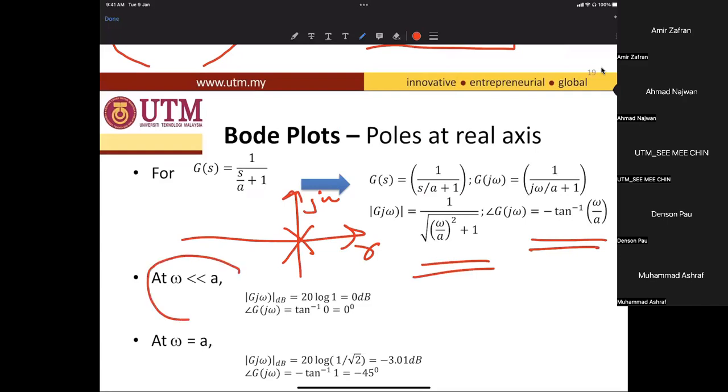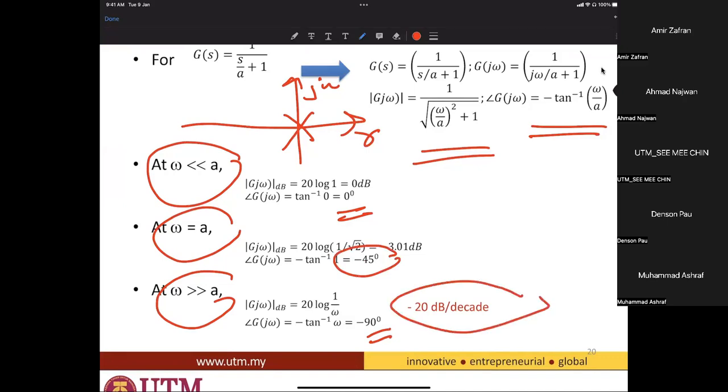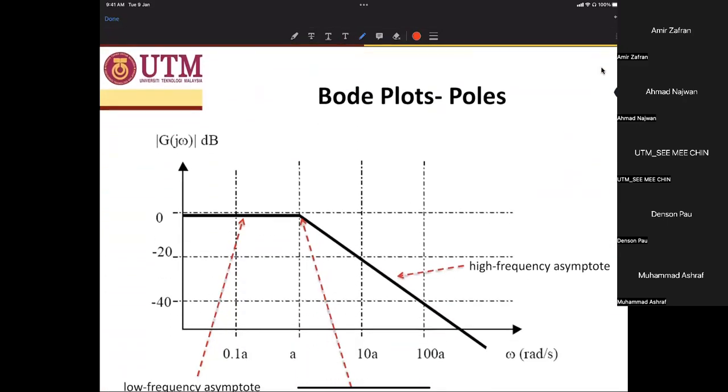So we have omega less than a, omega equal to a, and omega greater than a. At omega less than a, it is 0 degrees, and omega greater than a is minus 90 degrees, and in between there is a corner frequency which will produce minus 45 degrees with a slope of minus 20 dB per decade.